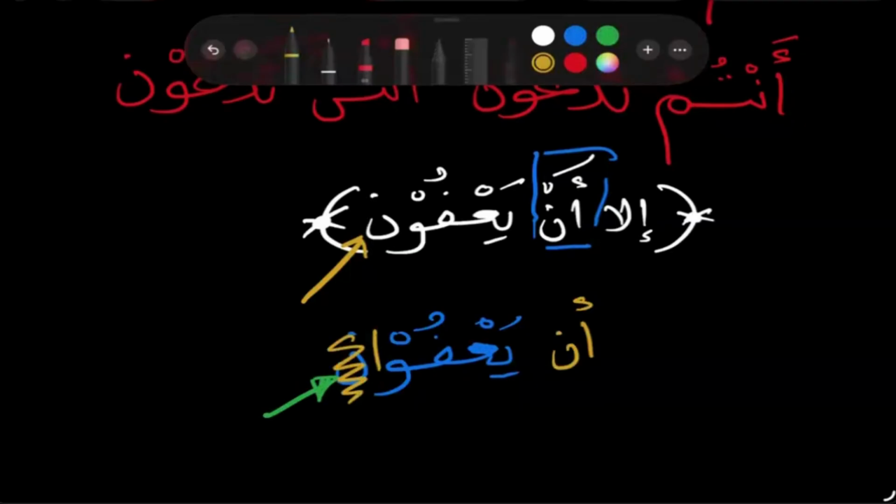Had that been for men, it would have been illa an ya'fu. When we saw an and the noon stayed, then we knew that that's the women's noon. And that the wow there is not the masculine pronoun. That wow right there is the original third letter of the verb.